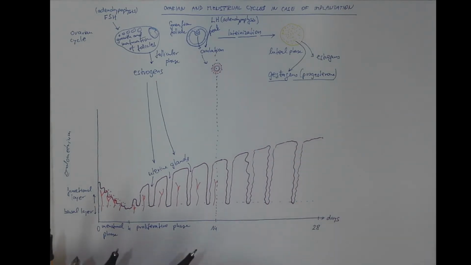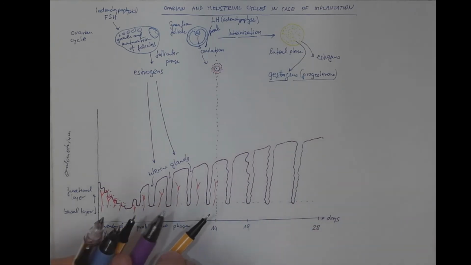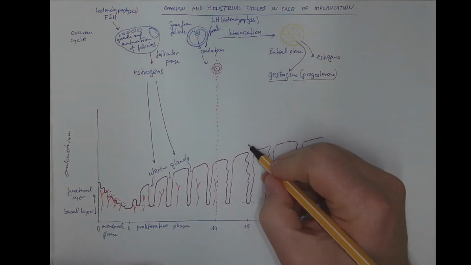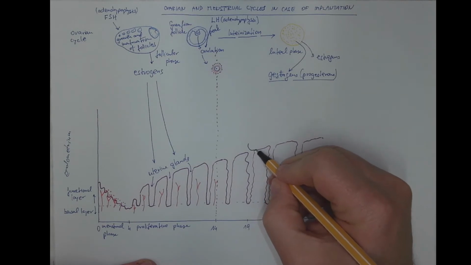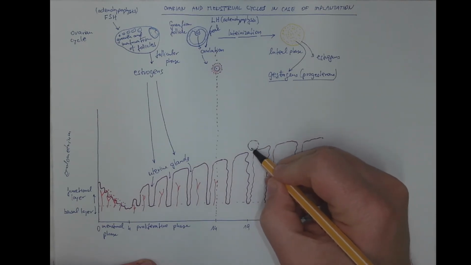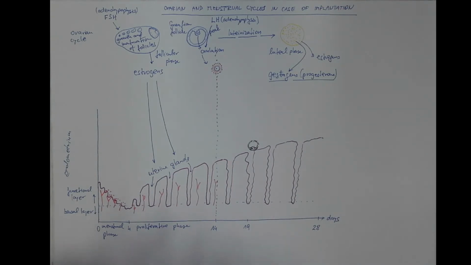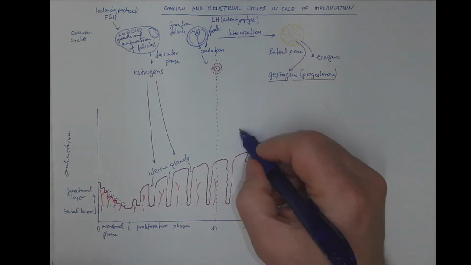So that would be, let's say, 5 days after that. 14 plus 5 would be 19. So there is adhesion of the blastocyst to the surface of the endometrium, which is prepared for that using various adhesion molecules.